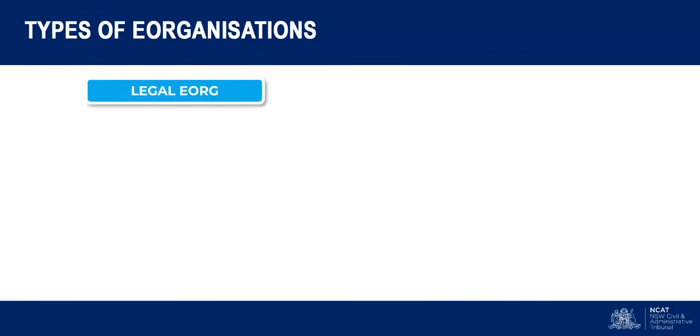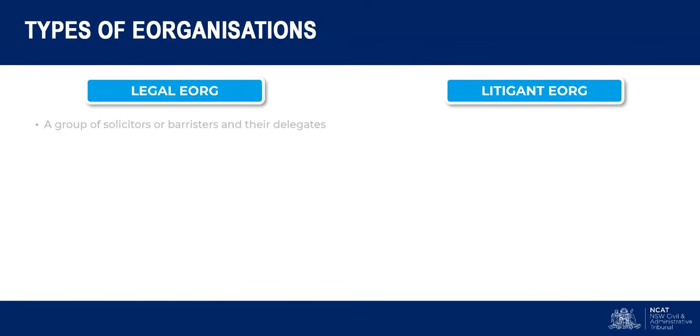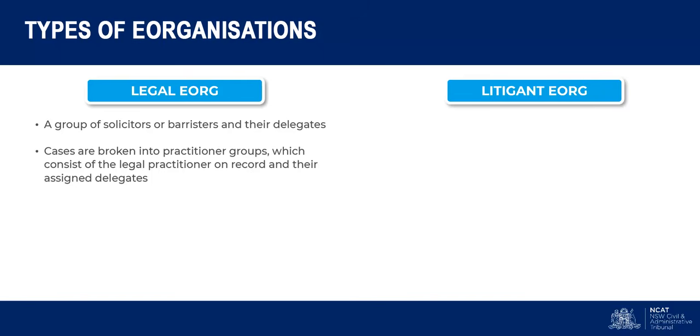There are two types of e-organizations: legal practitioner e-org for law firms and legal practices, and litigant e-org for all other organization types. A legal e-org is a group of solicitors or barristers and their delegates who handle matters on behalf of clients. Cases are broken into practitioner groups, which consist of the legal practitioner on record and their assigned delegates.